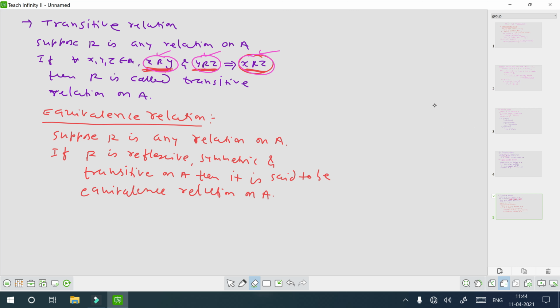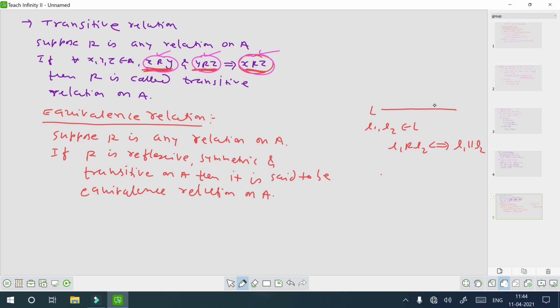But if I consider L as the set of all lines in a plane, L1, L2 belongs to L, L1 is related with L2 if and only if L1 is parallel to L2. Here we are taking the relation as parallelity of two lines.